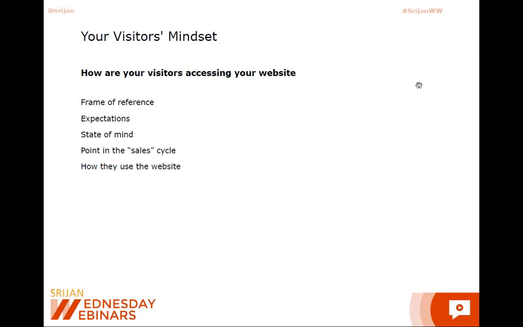When you are thinking in terms of how you are going to lay out your site and architect your site, you need to keep in mind what your visitors' mindset is going to be when they access your site. You need to think of what their frame of reference is. Where were they before they came to your website?